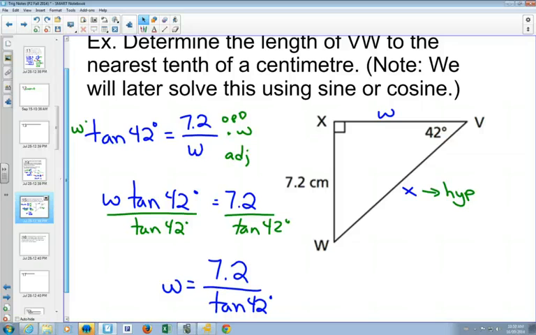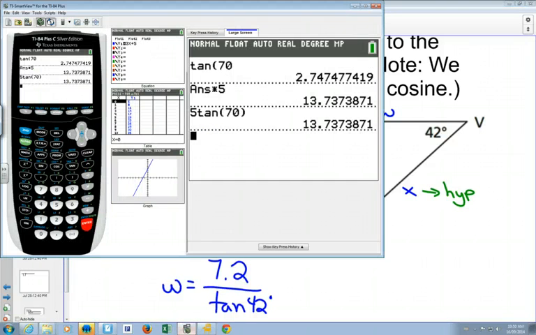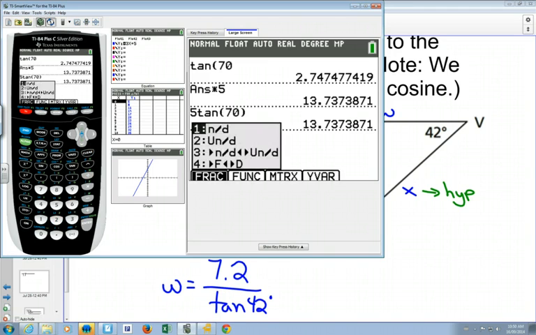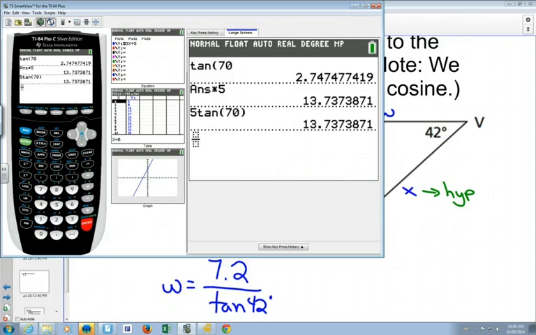So if I want to find out what that is exactly, I go to my calculator, go 7.2 divided by, well here, get my fraction so I have it look exactly like I see. 7.2 divided by tan of 42. And I get 7.99.